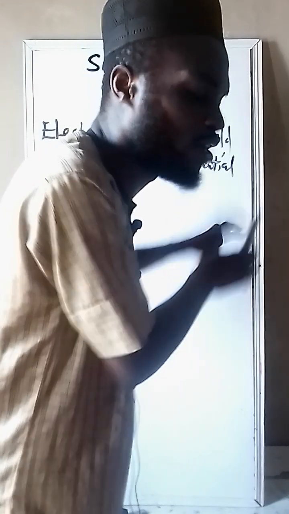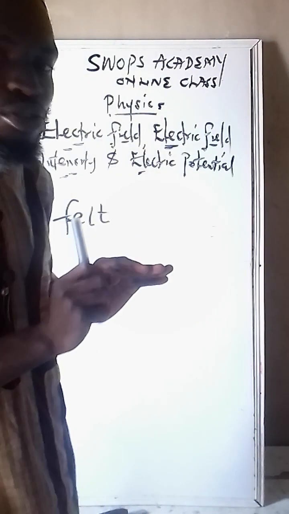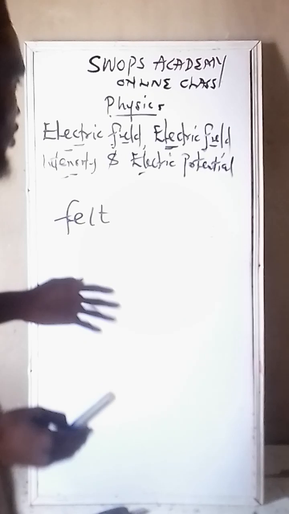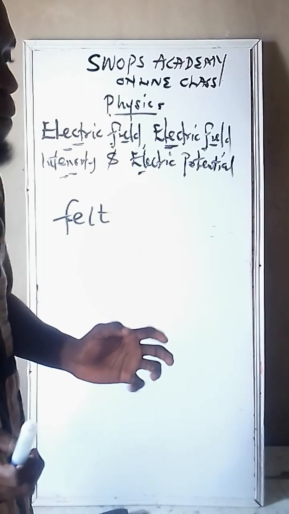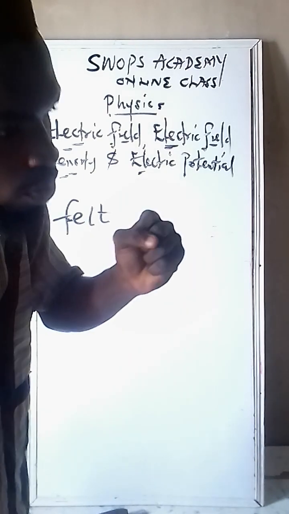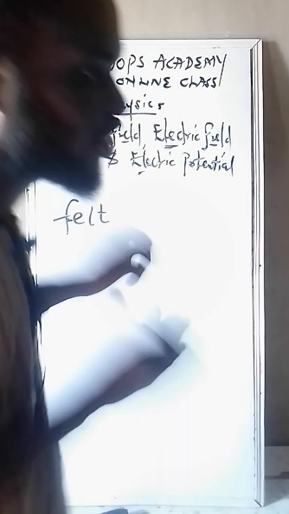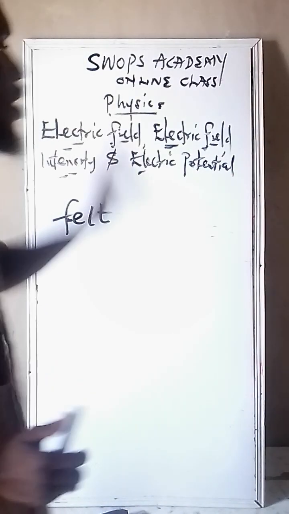Another place of worship, we call it a religious field to them. Are we together? So since we have known this, now let's relate everything together. A field is a region where an event, where a particular action being performed, is felt or experienced. Are we together? That is that under that.